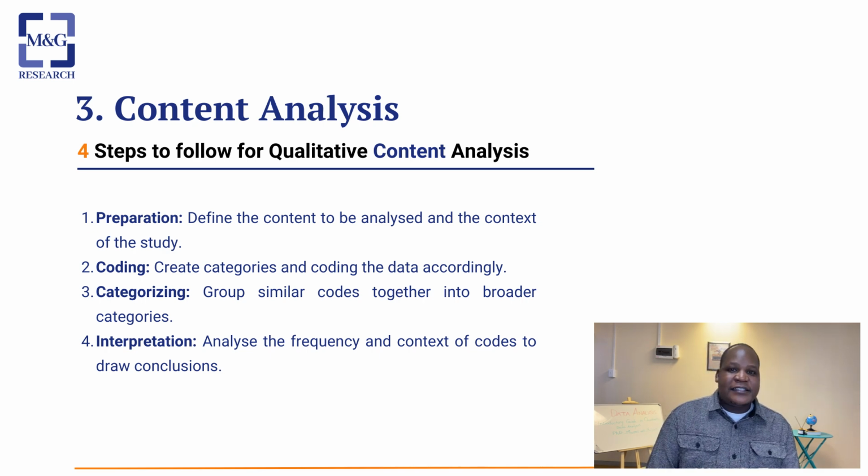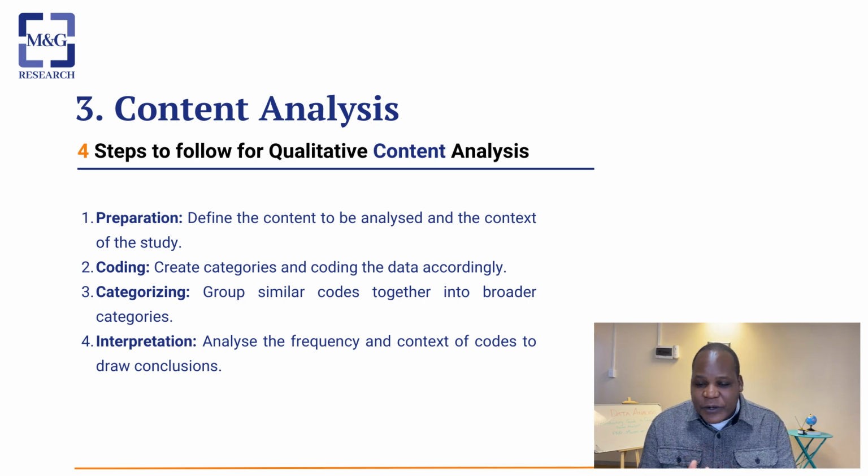And if there is another category that you are focusing on, it might be climate change and peace. Then you can also create another category which focuses on peace on its own. And you start creating different codes along those lines. So it's very important for you to understand how you categorize your codes.